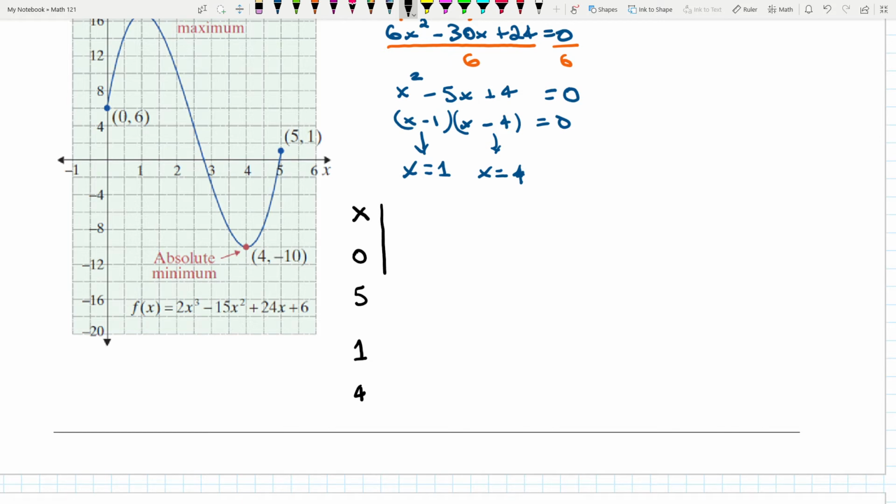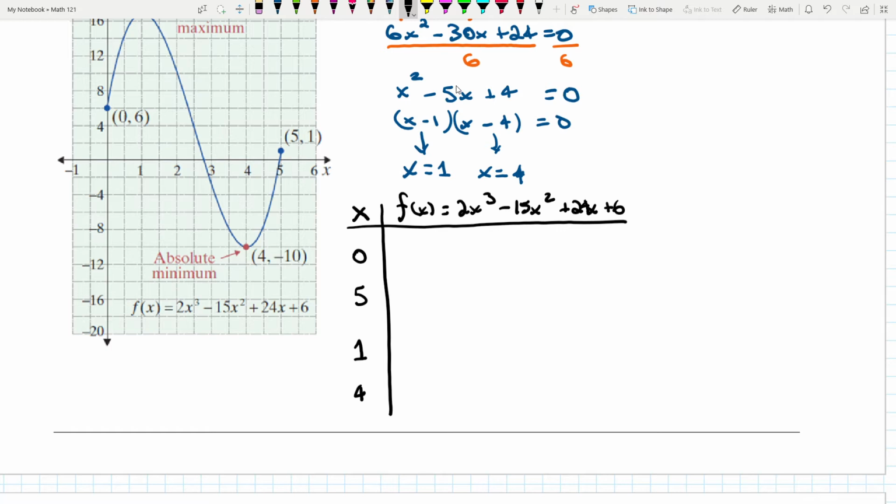And then we are going to evaluate this original function f of x, which is 2x cubed minus 15x squared plus 24x plus 6. We are going to evaluate the original function at these 4 values.